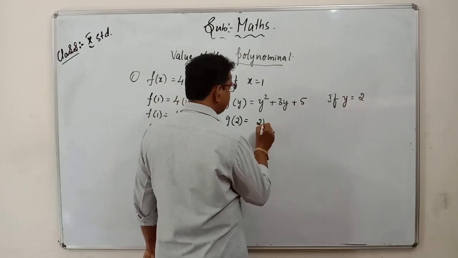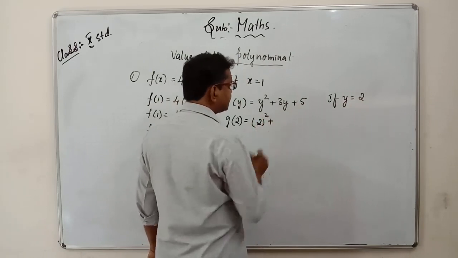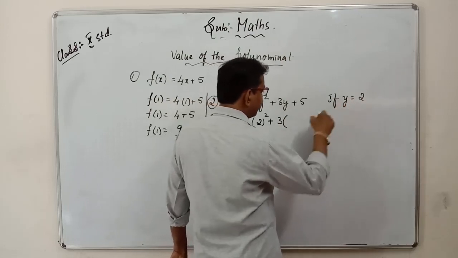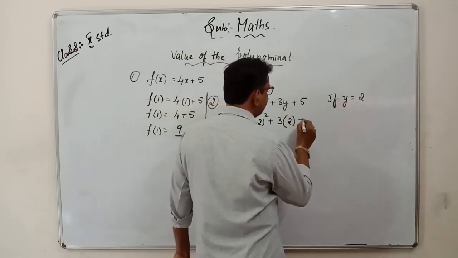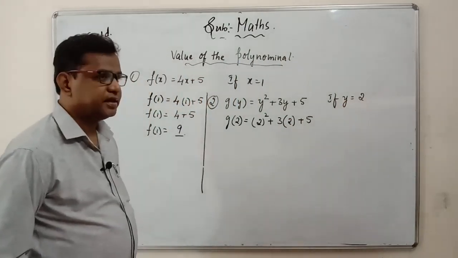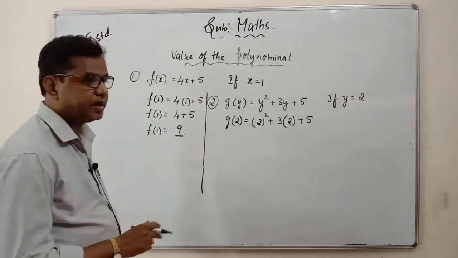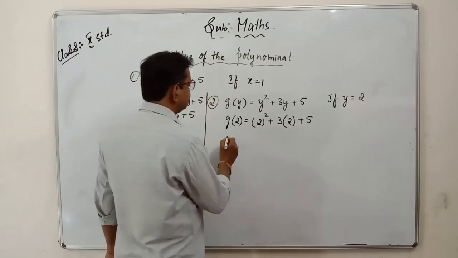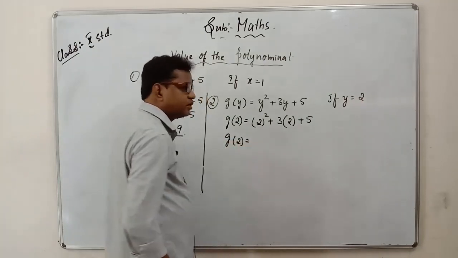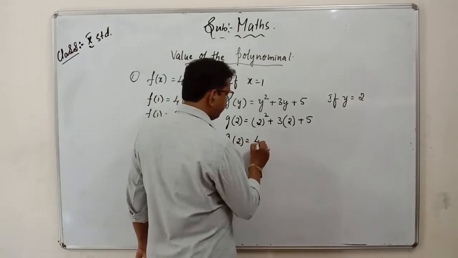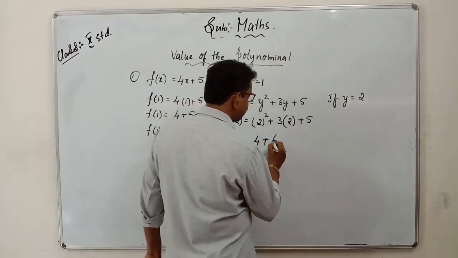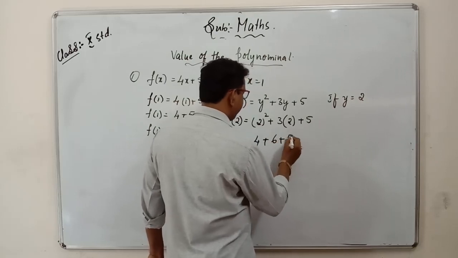So it is 2 square plus 3 into 2 plus 5. Just substitute the value of y in the polynomial he has given. So g of 2 will be 2 square is 4, plus 3 into 2 is 6, plus 5.